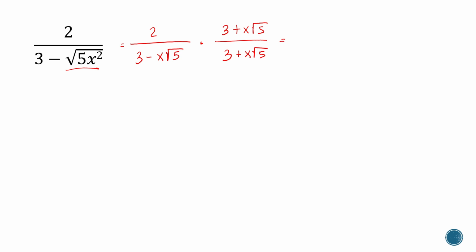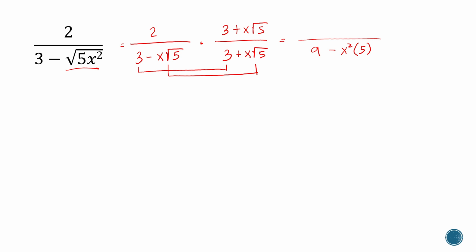In the denominator, you might be thinking, oh, I'm going to use the FOIL method. No. You just need to multiply the first terms, that's 9, and the last terms, so minus the square root of 5 times the square root of 5 is equal to 5.